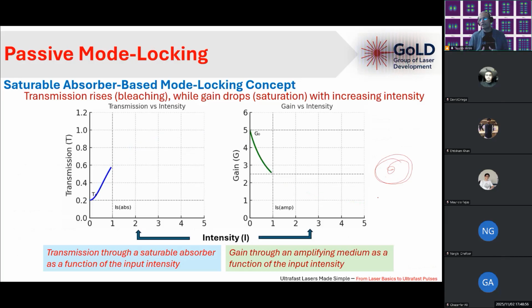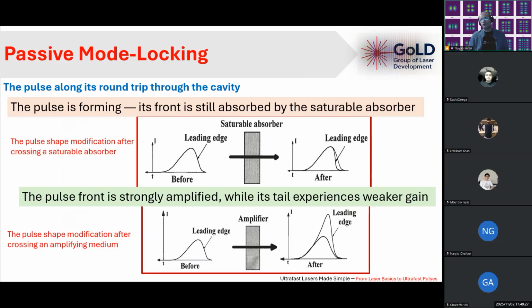At the beginning you have a very high gain, and the gain slowly decays, so the intensity becomes low, and it will be blocked or absorbed by the saturable absorber, and then this process is repeated again and again. This graphical representation may help you to understand how it works. Okay, so important thing now.